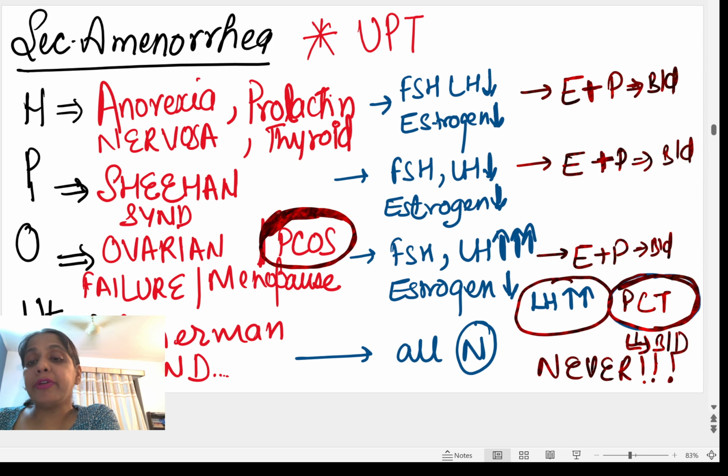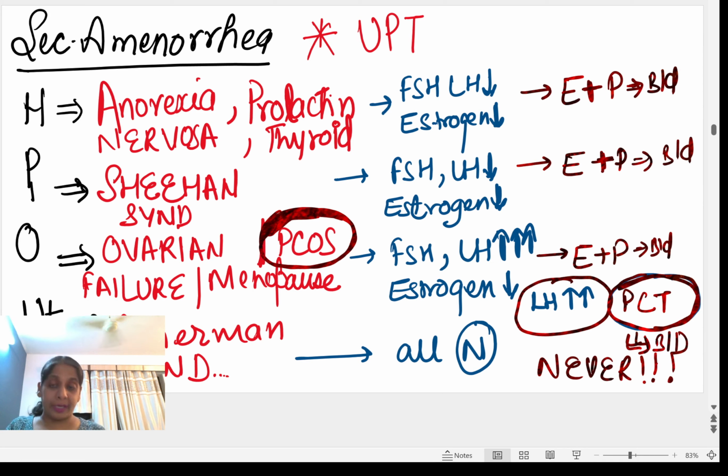In secondary amenorrhea, you have to do a UPT. In both primary and secondary amenorrhea, you first have to rule out pregnancy, because these days we are getting 13 to 14 year old patients with pregnancy.